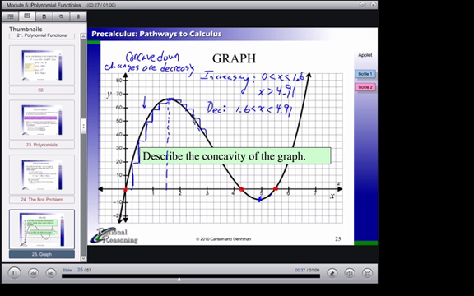Are they becoming more negative or less negative? More negative change each time. And if numbers become more negative, are they going up or down? Down. Changes are decreasing because they're becoming more negative. I put like it's decreasing at an increasing rate. Is that acceptable?